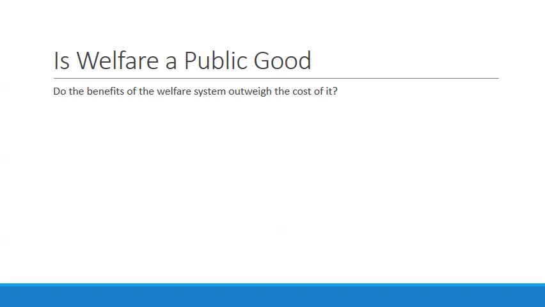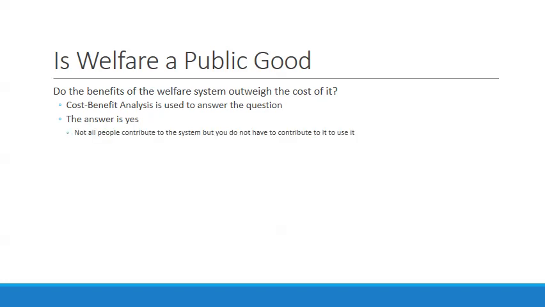In both cases, those individuals are not actually paying for the welfare system. So cost-benefit analysis is used to answer this question, and the answer is yes. Welfare is a public good, and its benefits do outweigh the cost.